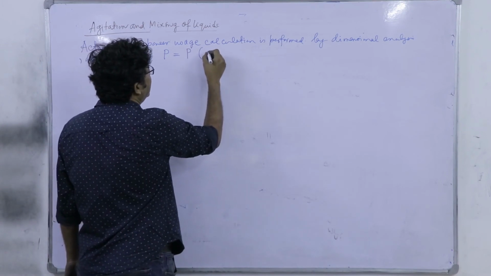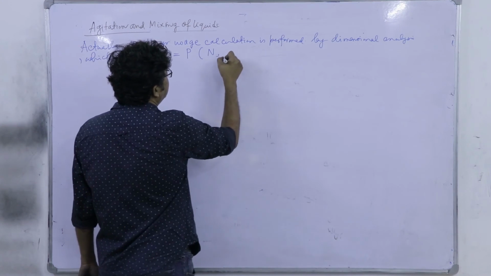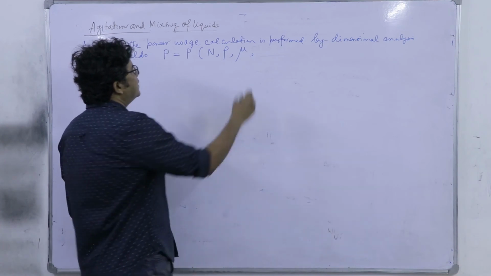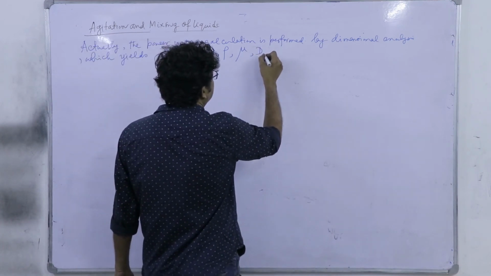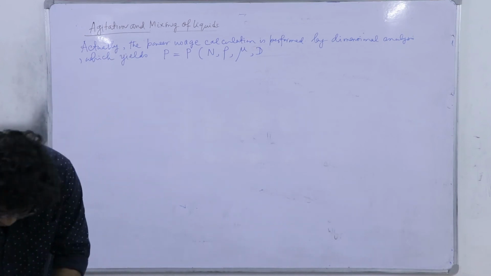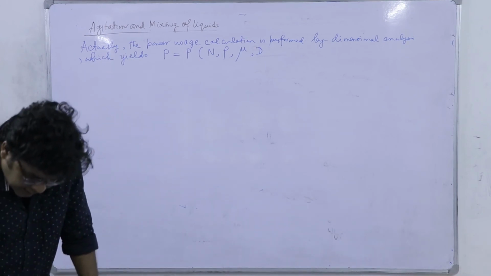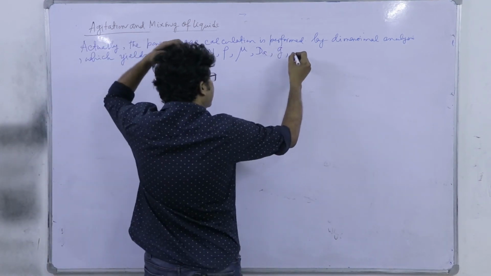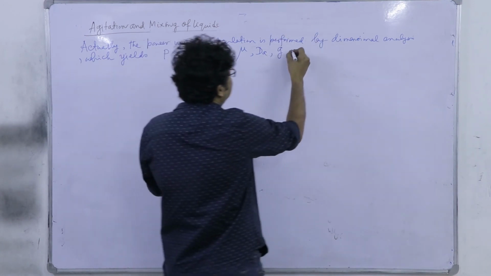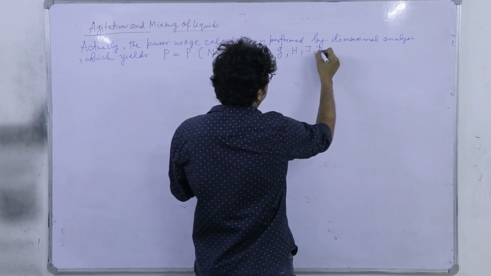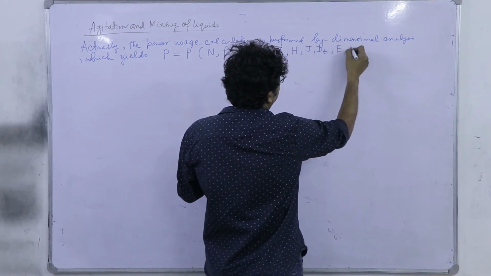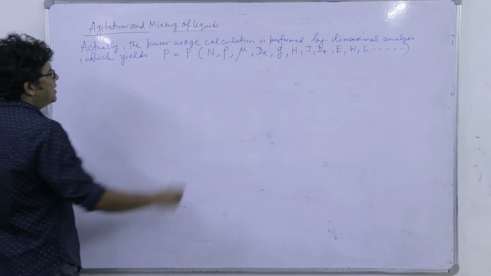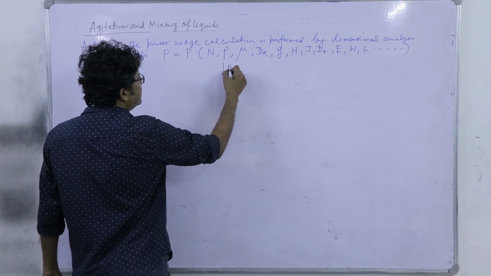It is definitely a function of RPM, liquid density, liquid viscosity, right. The diameter of that impeller, acceleration due to gravity, and there are many other geometric factors like H, J, dT, then E, then W, then L, etc., etc. Right.